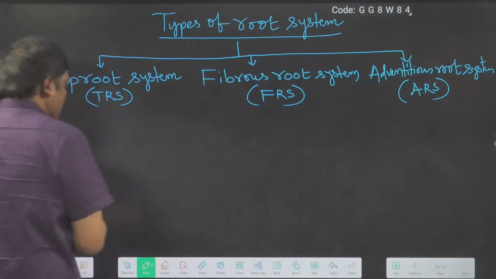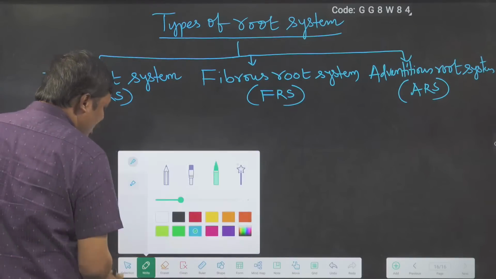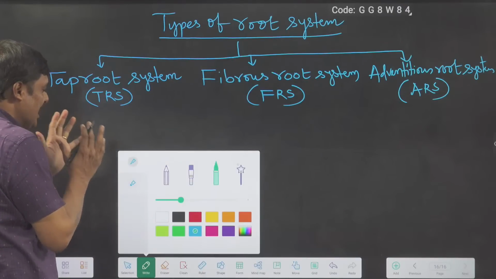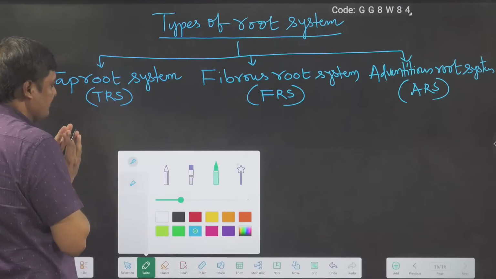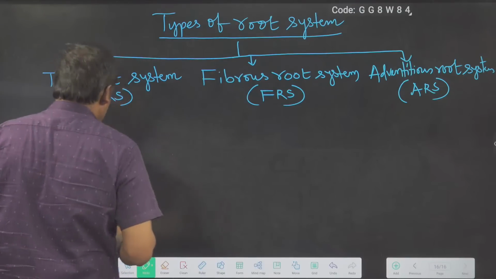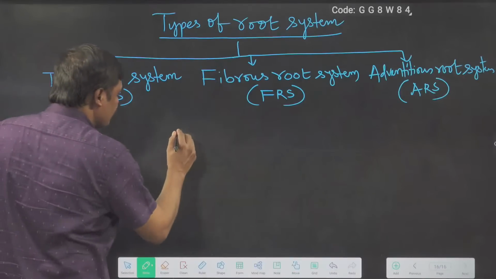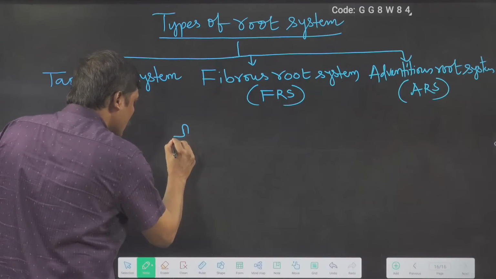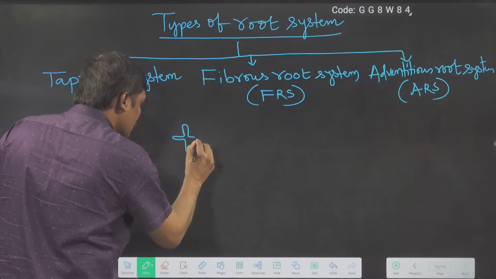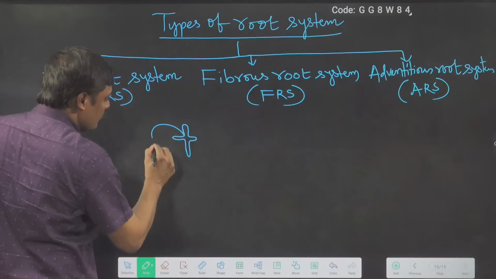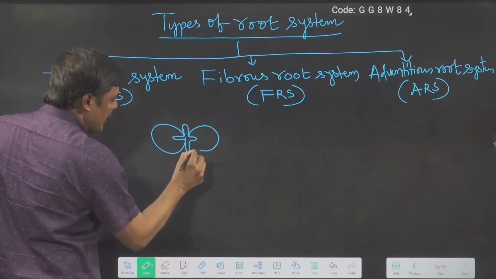Tap root system is formed from the radicle of the embryonal axis. For example, all of you see here, this is the dicot embryo.